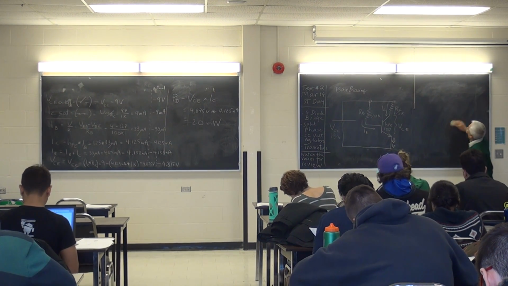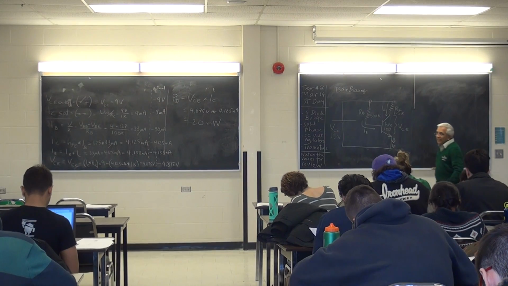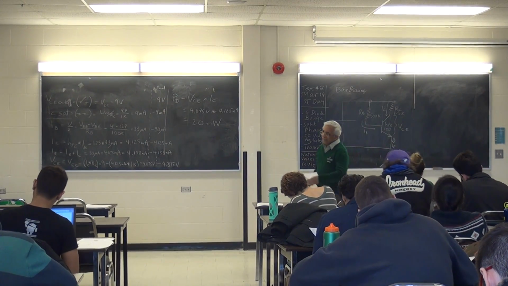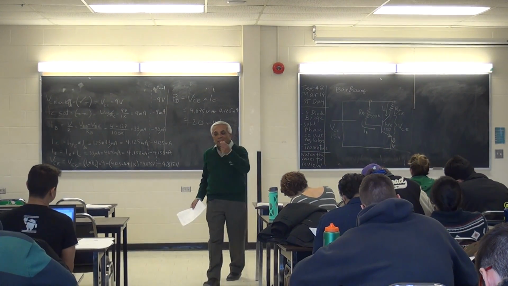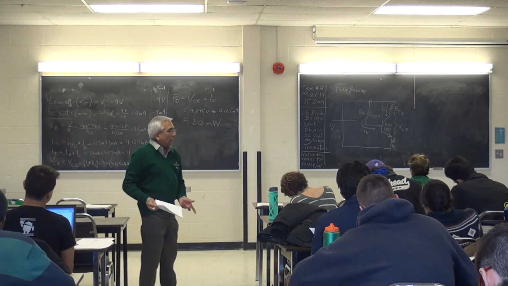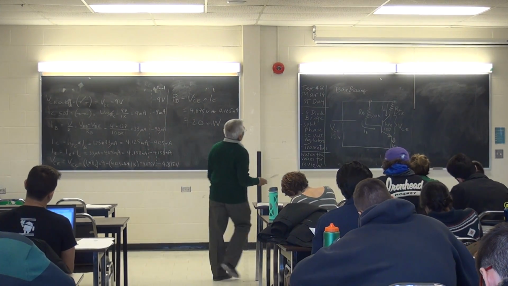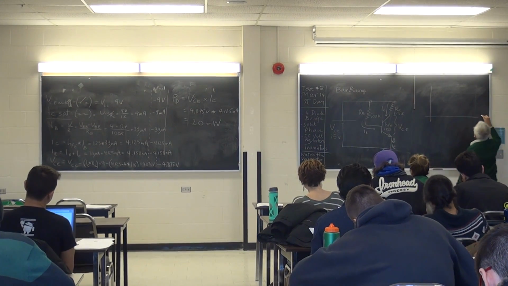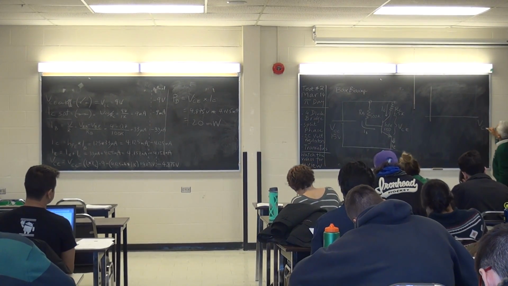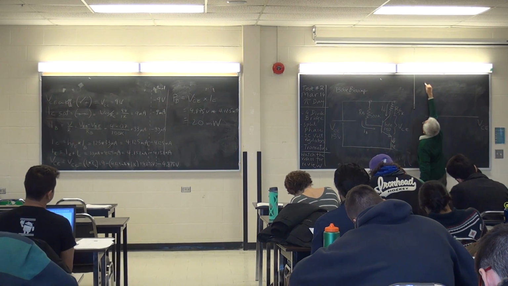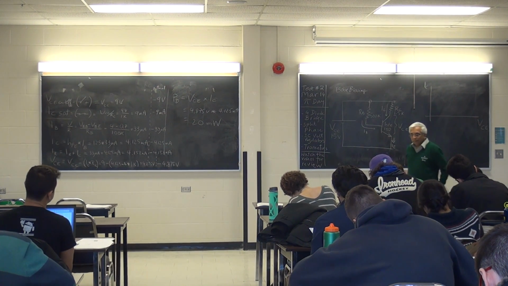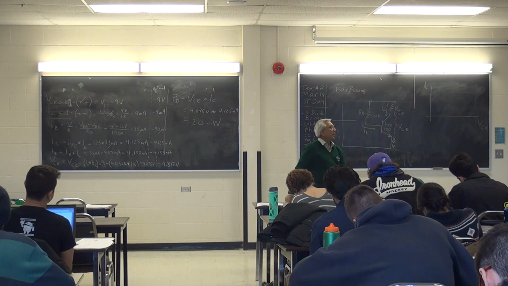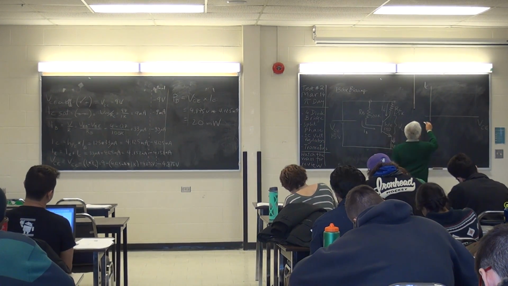So what you will realize after we do this 3 or 4 times is that it's the same thing over and over and over. You are going to draw the load line, so let's draw the load line. VCE on the x-axis, IC on the y-axis. 0 in the middle.